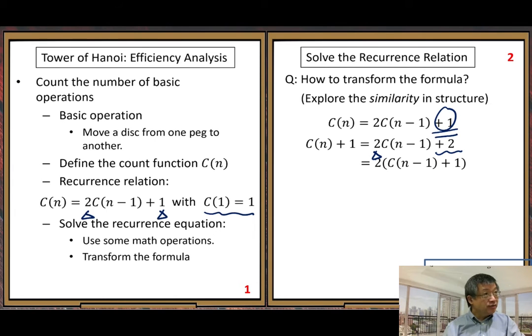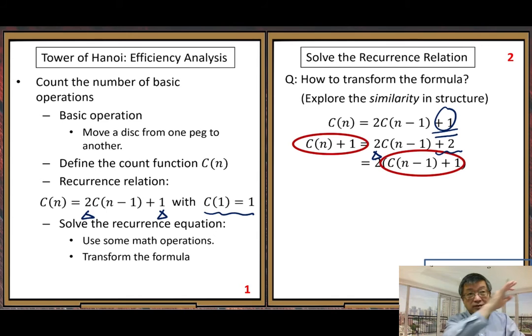After factorization, you can see inside the parenthesis it is C of n minus 1 plus 1. Both sides, C of n plus 1 and C of n minus 1 plus 1, do they have the similar structure? Yes, that's the important structure we want to explore.